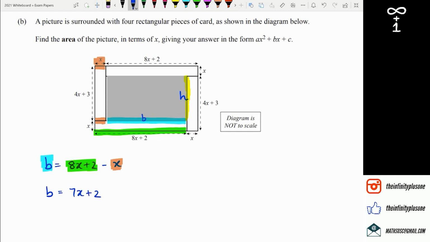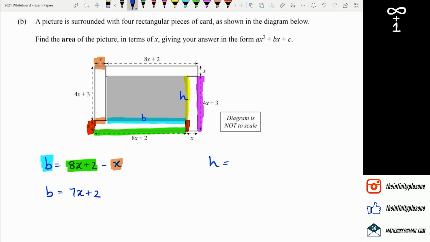And we literally have to repeat that same process for the height as well. So for the height, we've got this measurement here, which is the pink part, which is 4x plus 3. And then we've got the red part right here, which is the same thing as saying x. All right, so I'm just going to write this down first and then show you in the highlighted area.